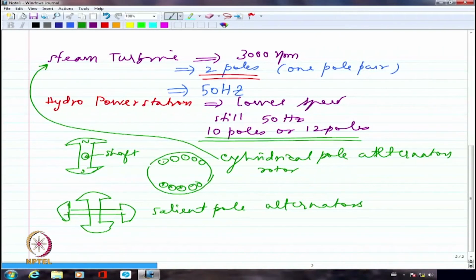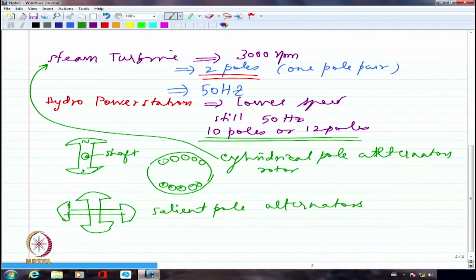Instead of having windings create the magnetism in the field system, we can also have permanent magnets. Rather than having winding, I can also have a real magnet which is naturally available. I can try to make a magnet properly shaped and I can put it in the rotor structure, in which case I don't have to really depend upon any winding for the excitation.